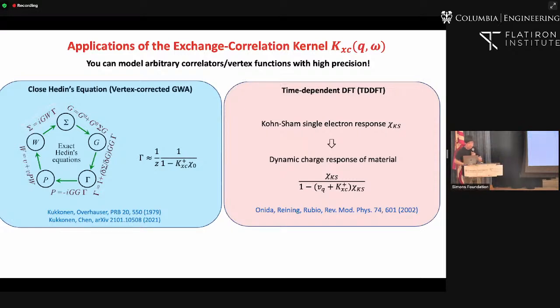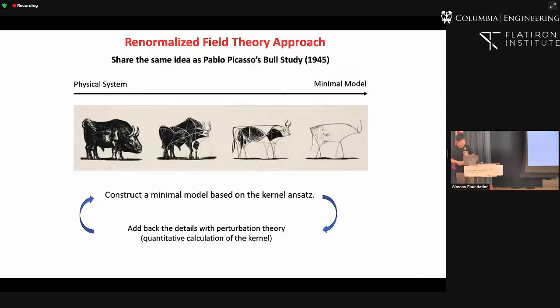So in this study, what we are going to do is the following. We are going to find a minimal model to describe the quasi-particles, and from this minimal model, we are going to add back the details with the perturbation theory, and from the perturbation theory, we can extract the physical exchange correlation kernel.